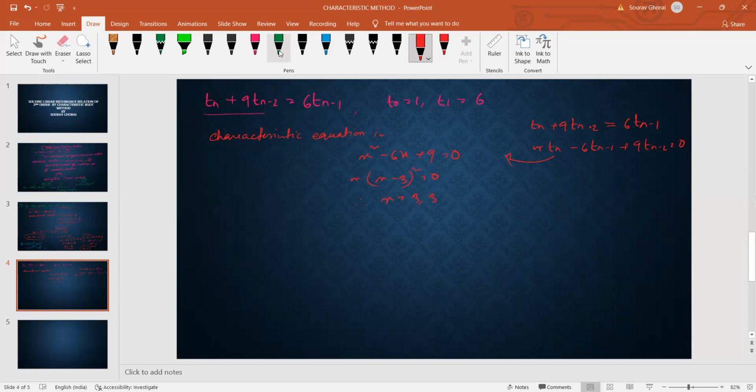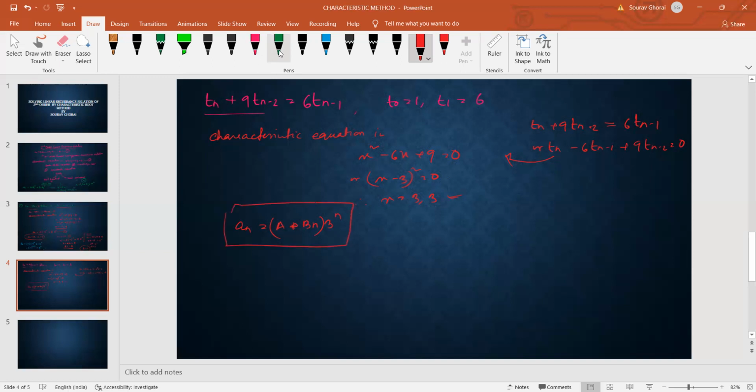So now the solution is of the form Tn is equal to a plus bn into 3 to the power n. And see here, these roots are real and equal, so we can write the solution in this form.